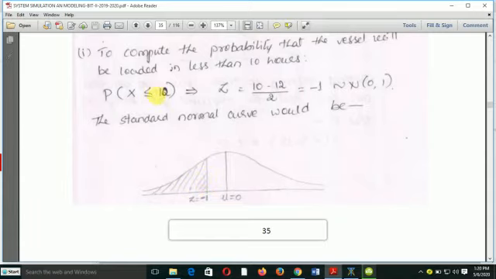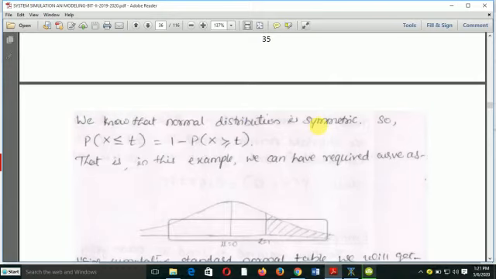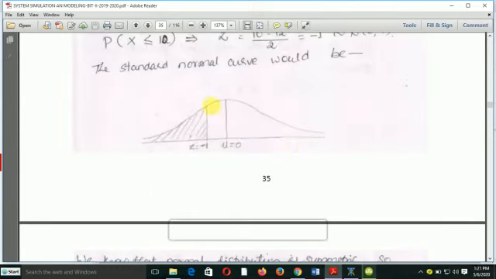So we know that the normal distribution is symmetric. It means that z equal to minus 1 is equivalent to z equal to 1. So when z is equal to 1, it is almost here. So this part is equal to this one.